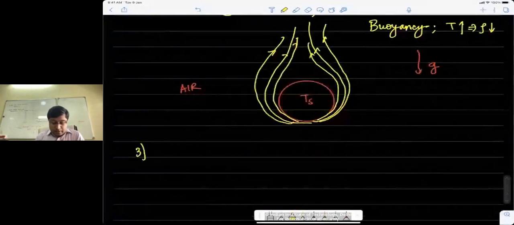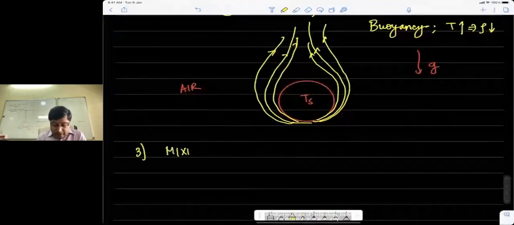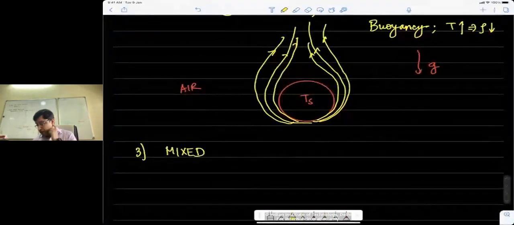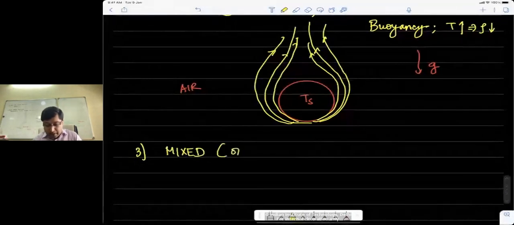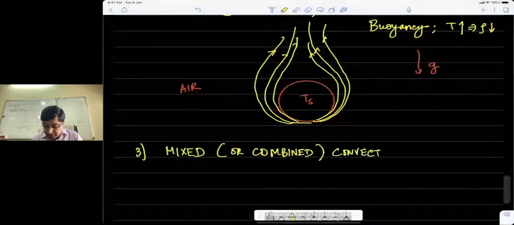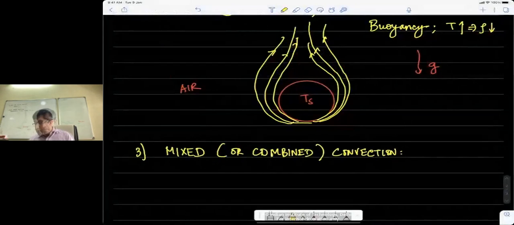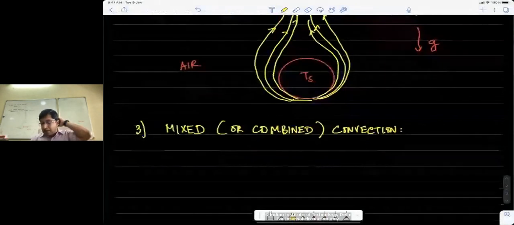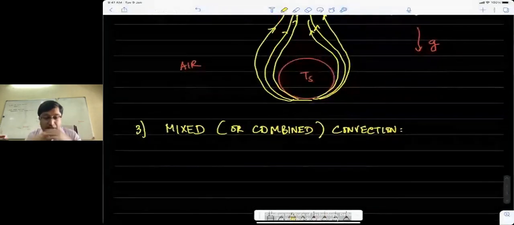The third mode is what we call mixed convection. This is also sometimes called combined convection. This mode typically happens if the flow velocity... So as I'm saying, it's combined or mixed.